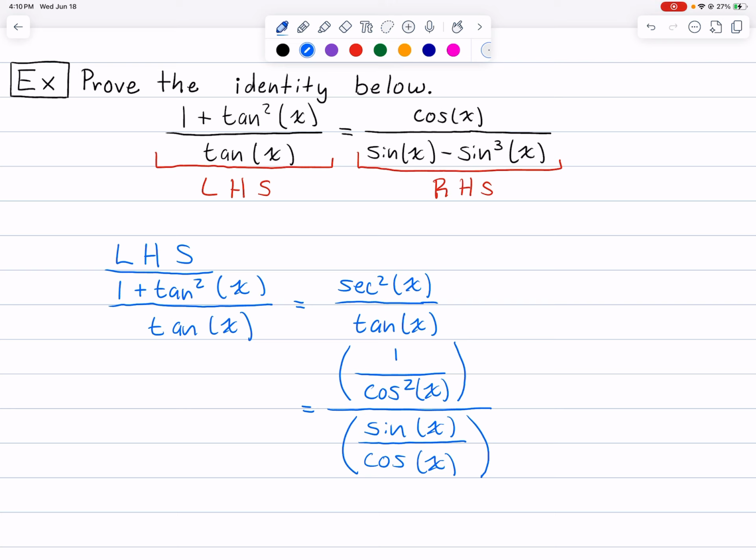So let's rewrite this so it's a little bit easier to do our cancellations. We have 1 over cosine squared of x times cosine of x over sine of x.